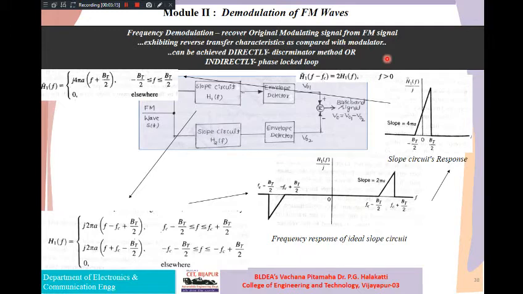So the whole discussion for our syllabus is this only: how we can achieve this reverse transfer characteristic at the demodulator, which will help us get our M of t from the S of t.